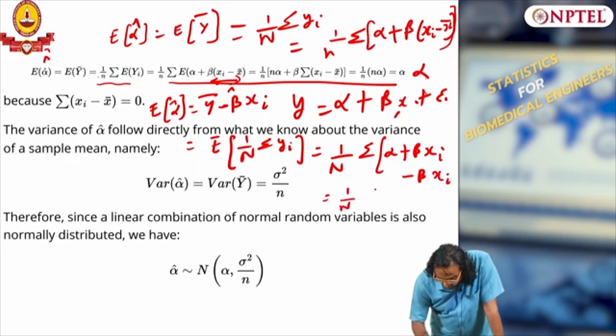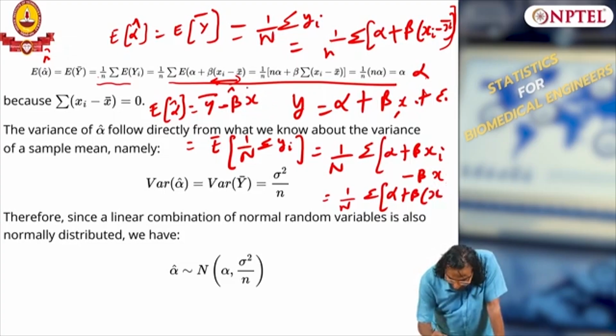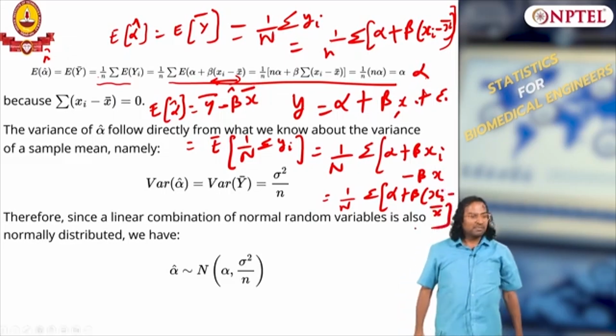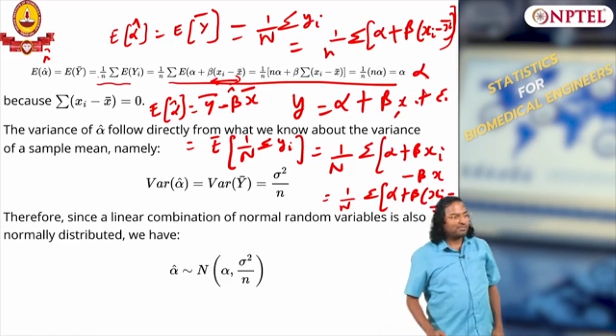So this is nothing but 1 over n summation of alpha plus beta times xi minus x bar, this should be x bar basically. It is the same term you will get.